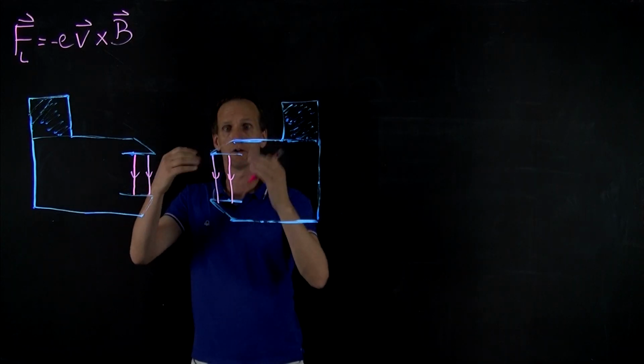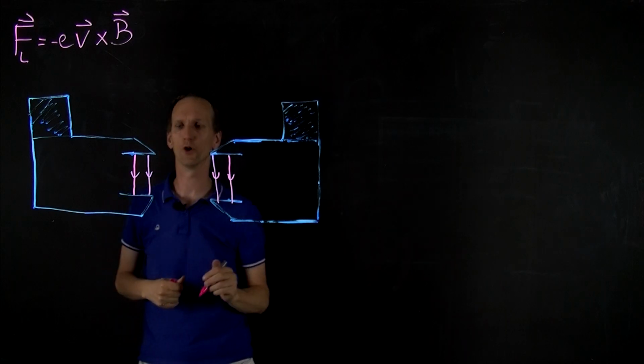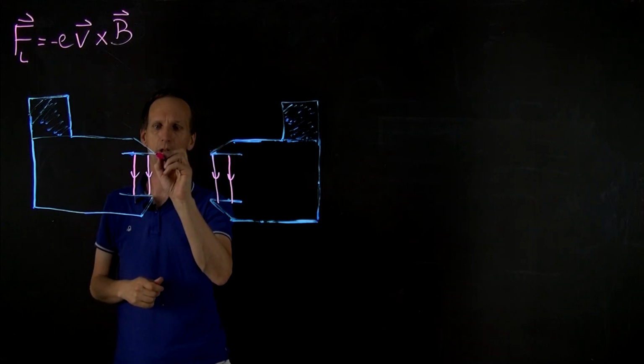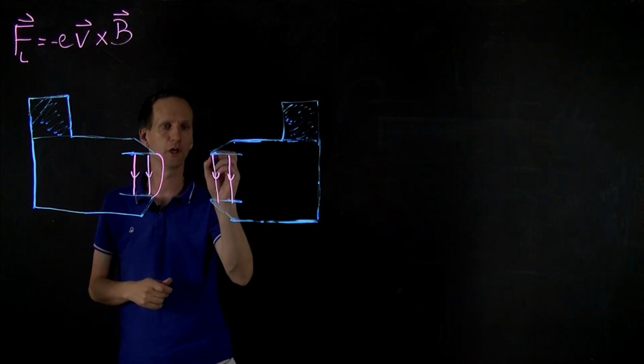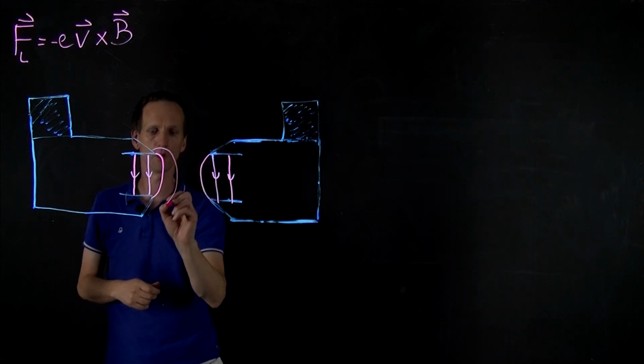Just like with our electrostatic field, the fact that we have an opening creates a bending of the magnetic field lines, in this case going like this.